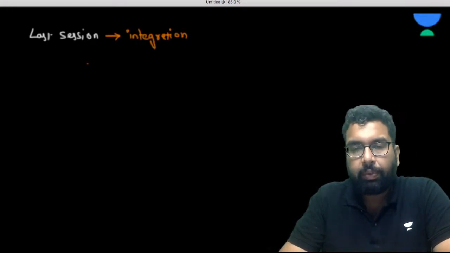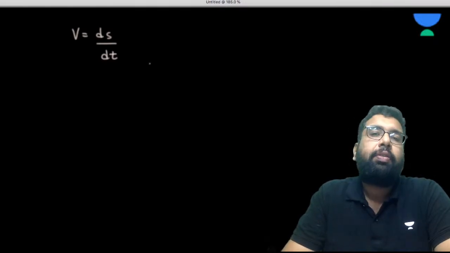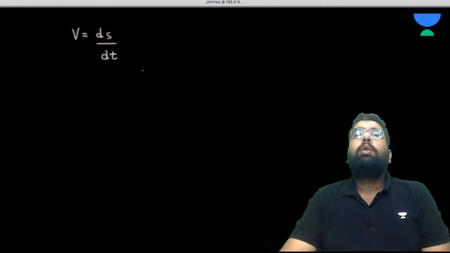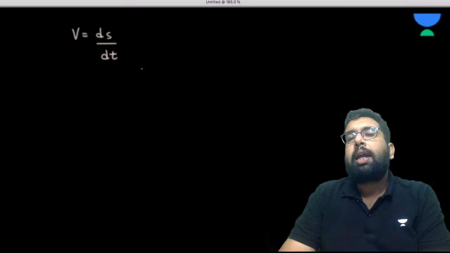Now, please understand this. We have learned previously that v is equal to ds by dt, that velocity is the slope of the displacement versus time curve.